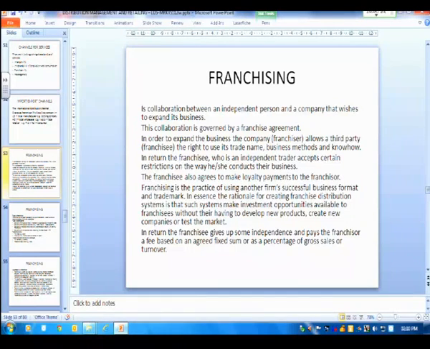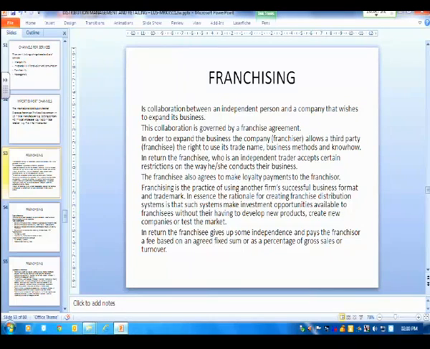In return, the franchisee, who is an independent trader, accepts certain restrictions on the way he or she conducts their business. The franchisee also agrees to make loyalty payments to the franchisor. Franchising is the practice of using another firm's successful business format and trademark.